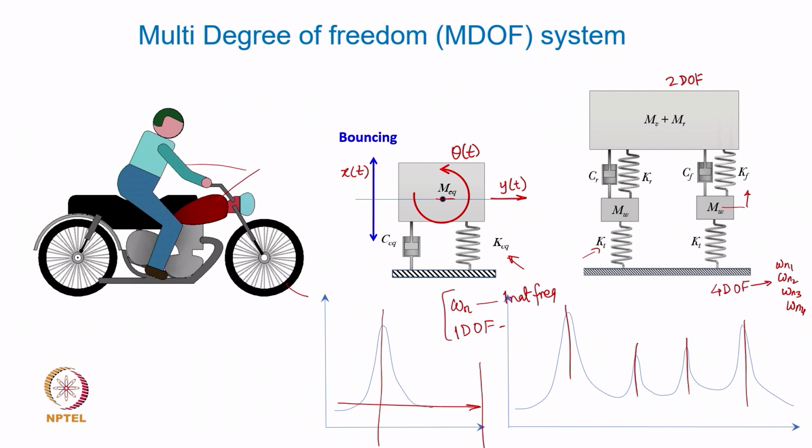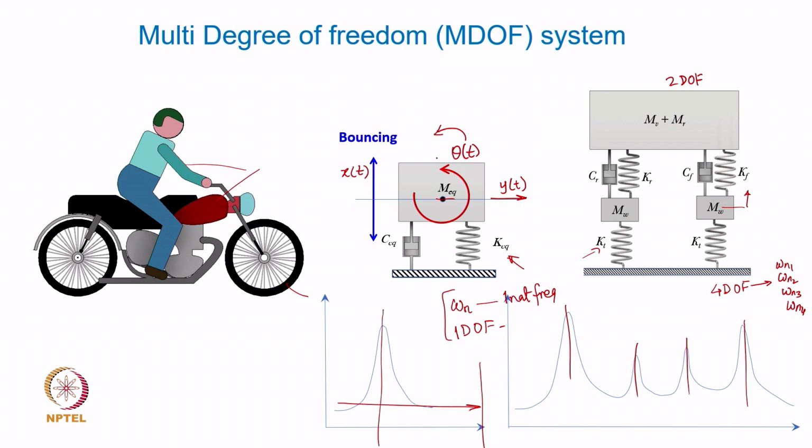Of course, it is premature to discuss, but you may not see all of these resonances appearing in the response plot. The reason is that unless you have some kind of an excitation which can excite this rotational mode or pitching mode, you may not excite it.